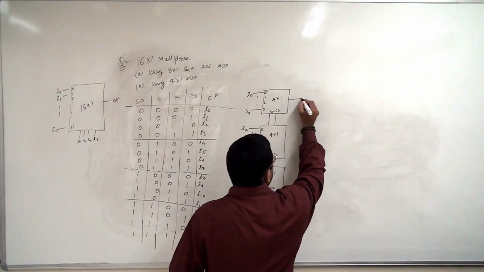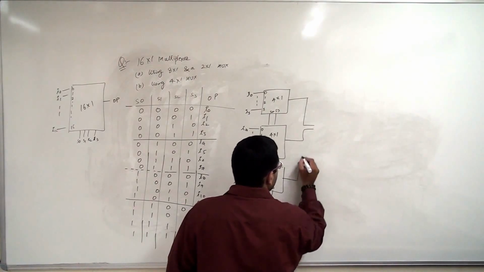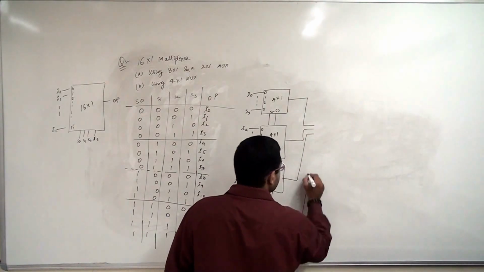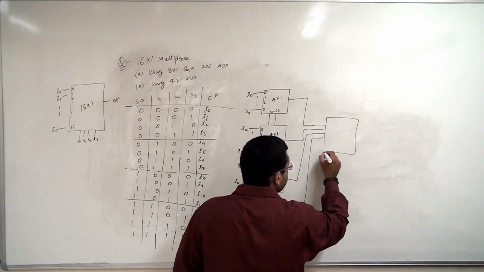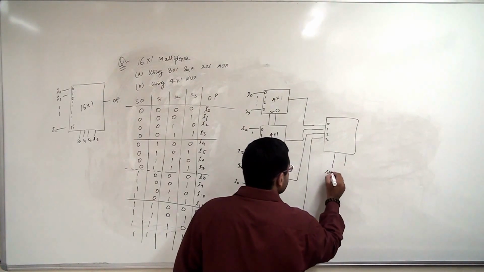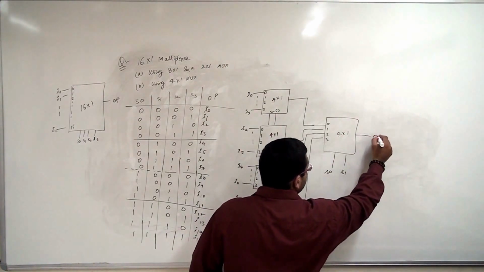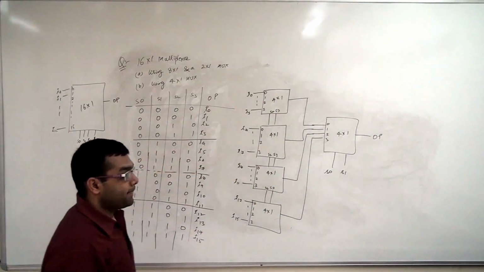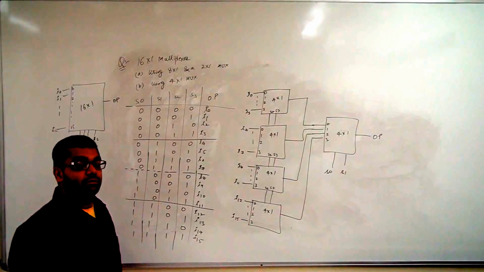Whatever the outputs, that will be fed to another 4 cross 1 multiplexer with the select lines S0 and S1. This will be our final output. Clear? The working is exactly the same as done in case number 1.